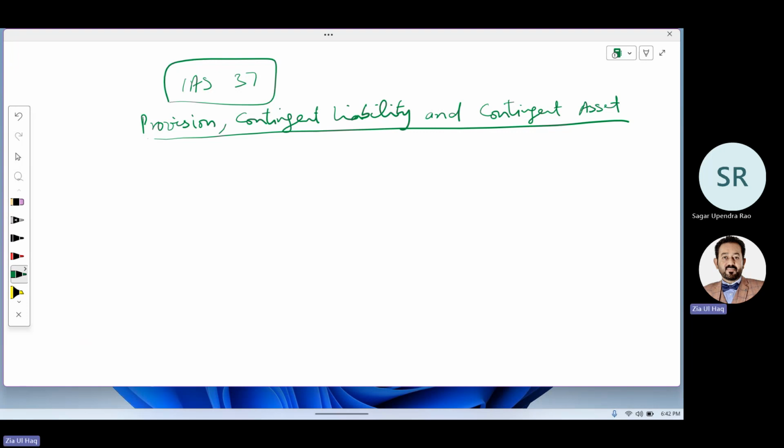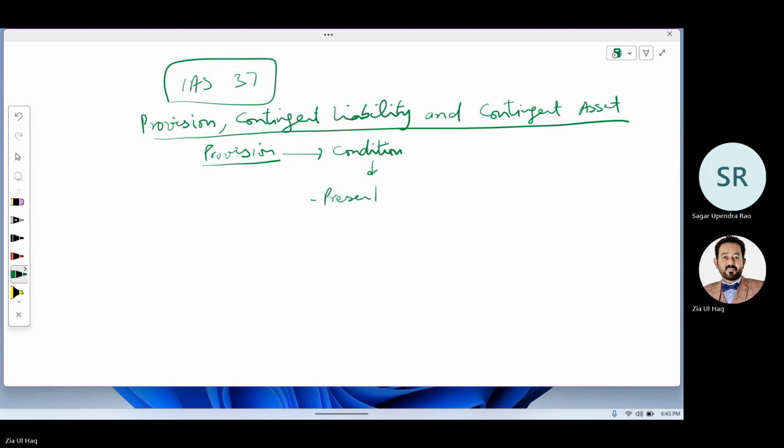When does a company need to record a provision? By meeting three conditions. If any event fulfills these three conditions, there should be a provision in the financial statements. What are the conditions?